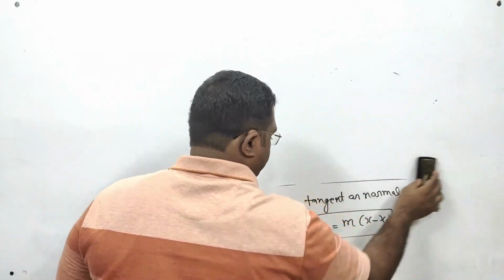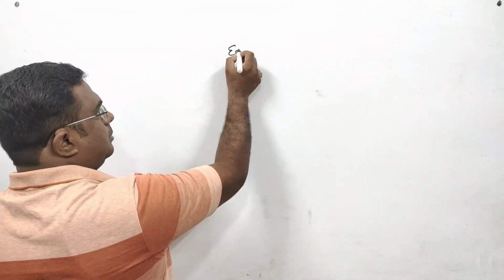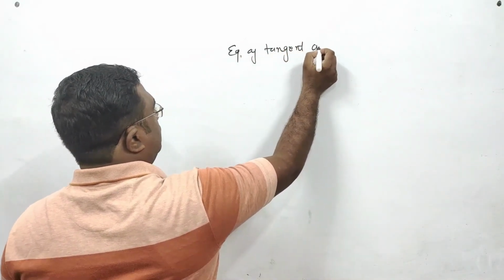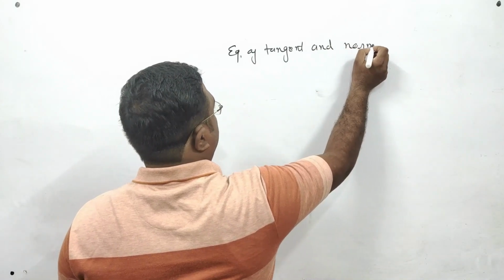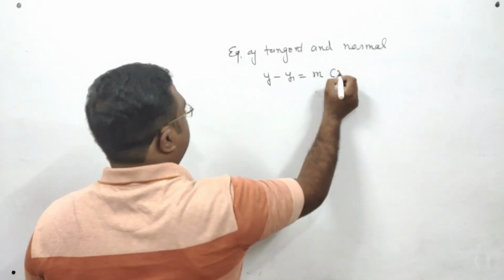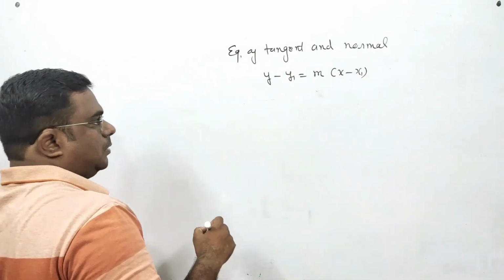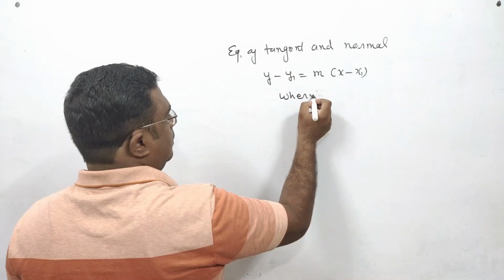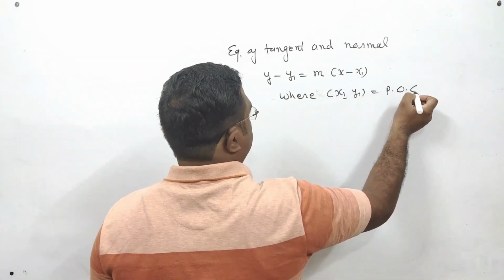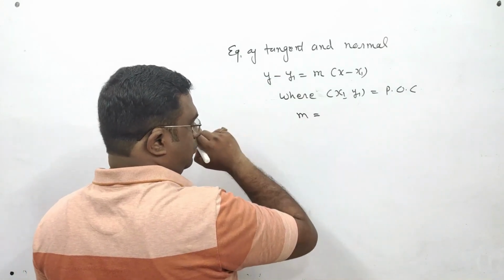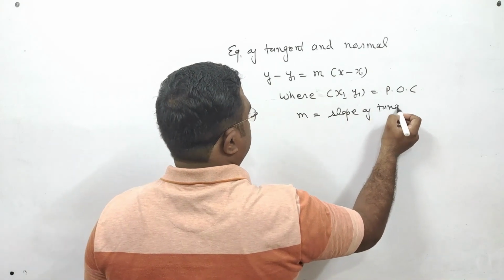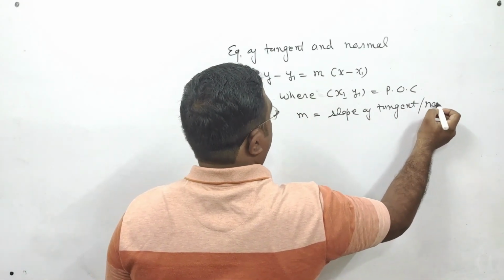Let me tell you. Now see students, equation of tangent and normal can be obtained by the same formula y minus y1 is equal to m times x minus x1, where x1, y1 is the point of contact and m is the slope of tangent or normal.